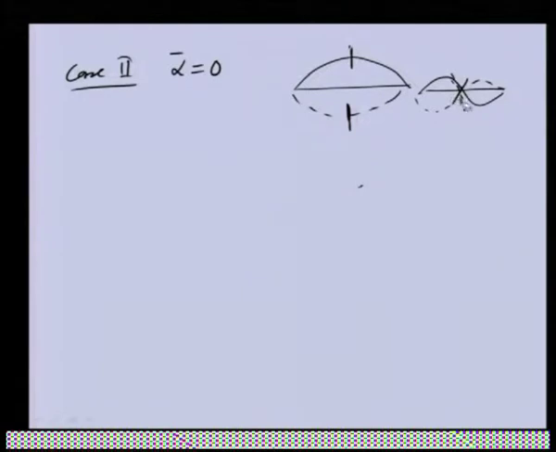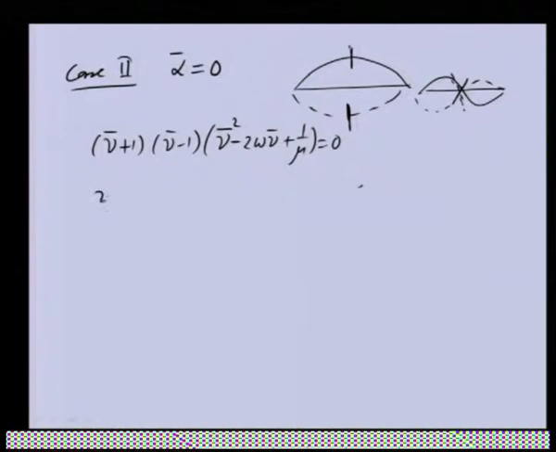So, in this particular case, the disk will be tilting, but there is no translatory motion. In this particular case, there is a translatory motion, but there is no tilt. So, that is the particular special case. So, if we substitute in the previous polynomial and simplify, we will get a polynomial in factorized form like this. So, after substituting alpha bar equal to 0, this can be simplified like this.